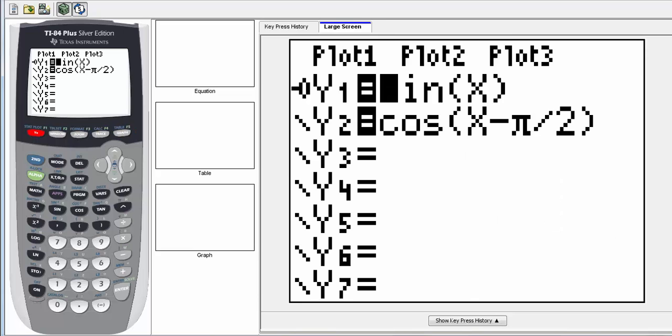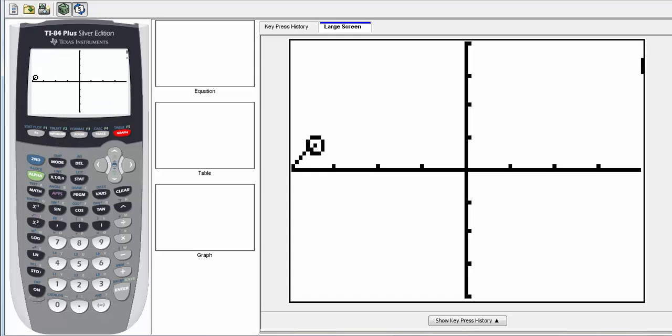Let me go back and do the same thing for this cosine function. If I go in front of the y2, I want to change this to the little open circle. Now it's going to trace out both of these, and we can see that they actually turn out to be the exact same graph. The only difference between your cosine and sine is that phase shift of pi over 2.